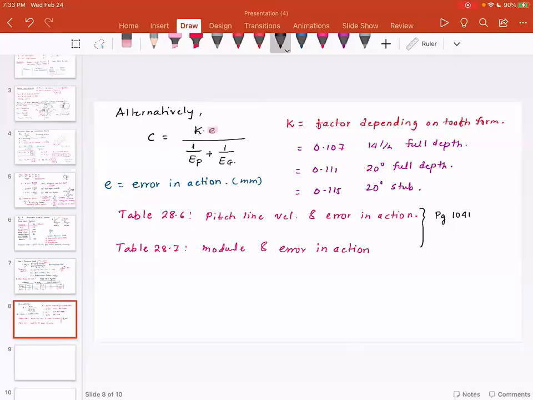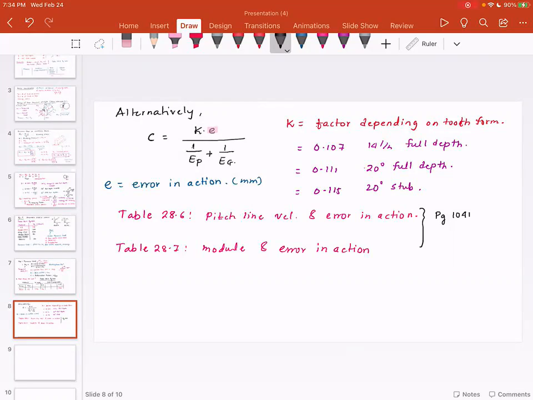These two tables are on page 1041, and you can use these tables to find out the value of error in action. Depending upon whether you have commercially cut gears, carefully cut gears, or precision gears, the values of error in action, in other words the tolerances, are different. This will be clear when we take an example and look at the actual gear design.